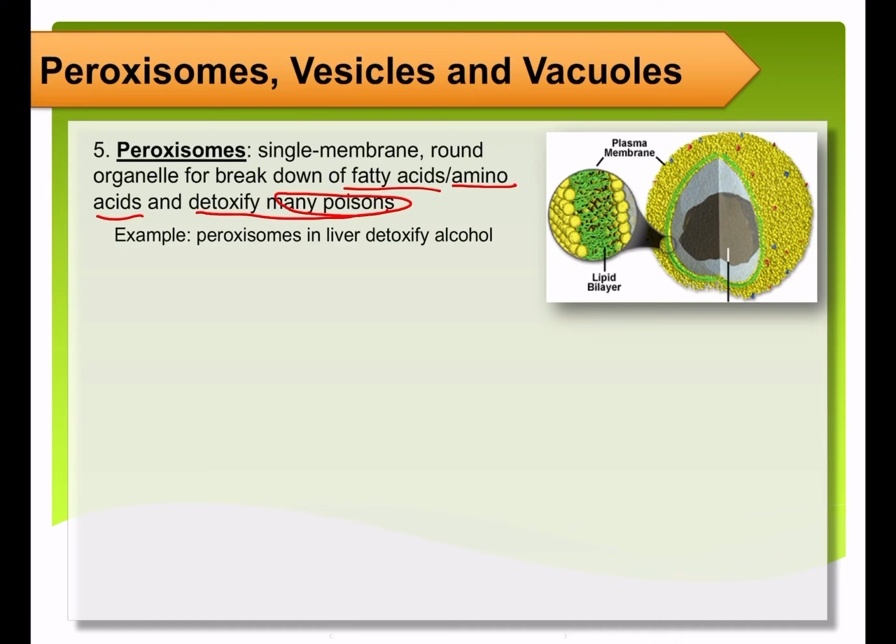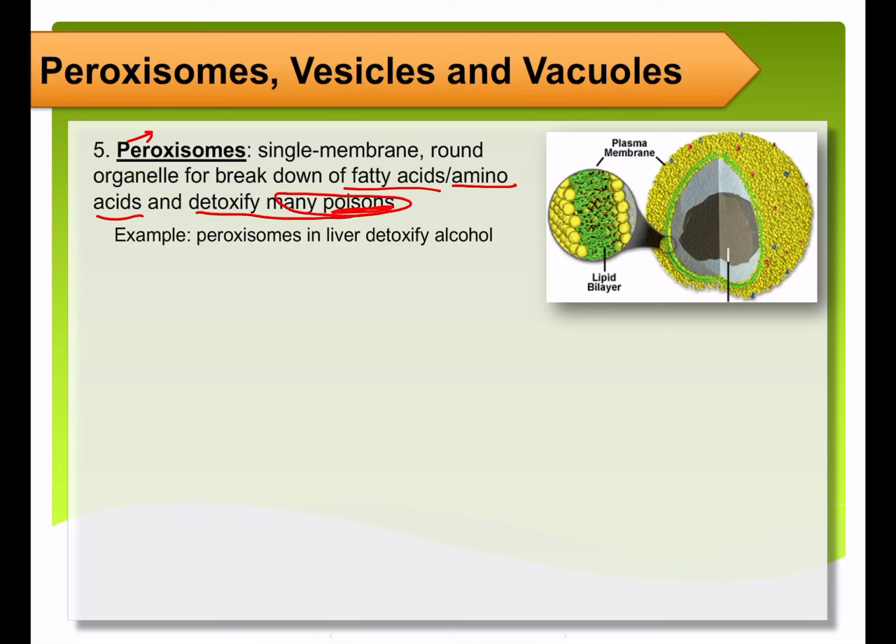An easy way to distinguish the function of peroxisomes from other organelles is that it starts with a P, so you can remember it as for poison, and peroxisome just sounds kind of like detox. So: detoxify poisons or break down fatty acids and amino acids.